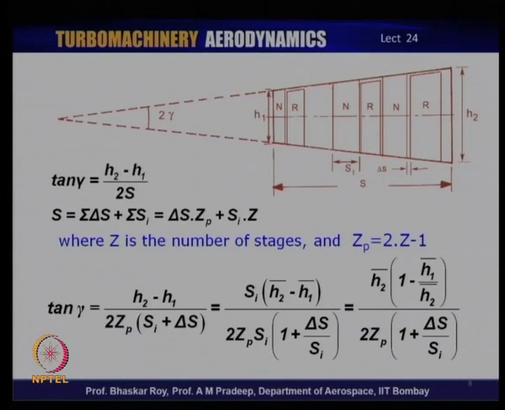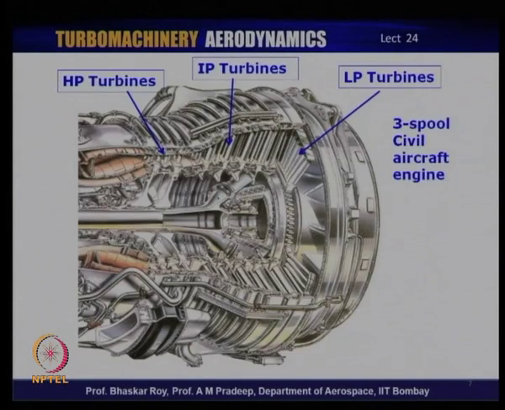Now, if we are looking at multistaging, one of the first problems that multistaging would throw up is how to create the flow track of this multistage configuration. We have just seen that you have all kinds of flow track starting from here, from the delivery of the combustion chamber, and this flow track has to be designed. Now, we will be talking in a separate lecture on how the blades are designed.